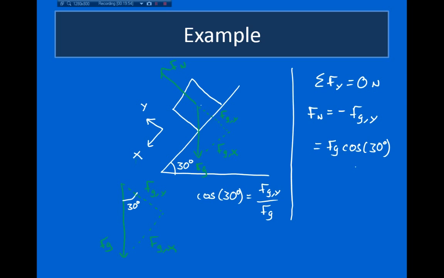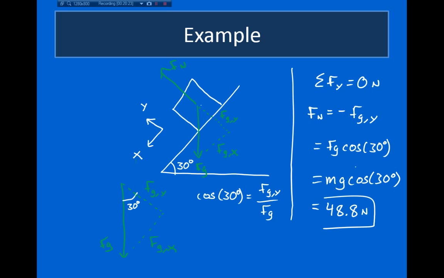Finally, the force due to gravity we know is mg. So we have mg cosine of 30 degrees. And if we plug all this into a calculator, we get that this is equal to 48.8 newtons. So that's the normal force that the ramp exerts on the box.